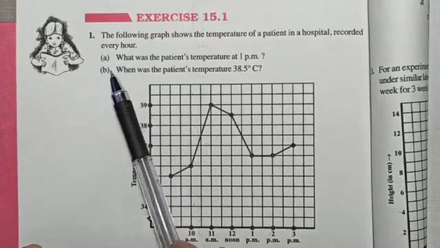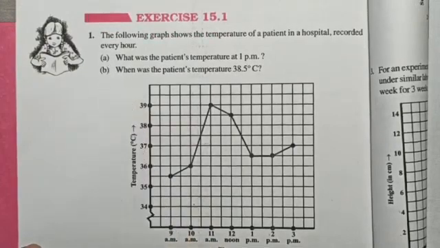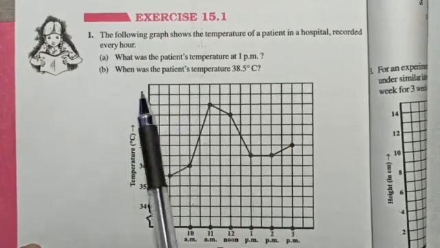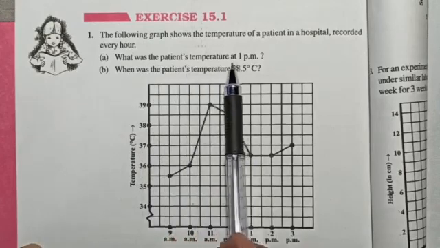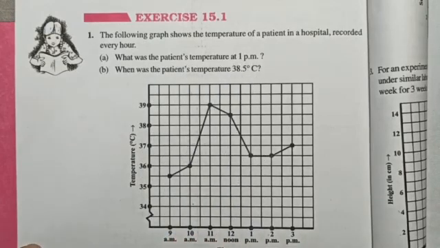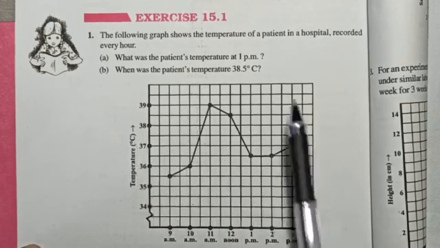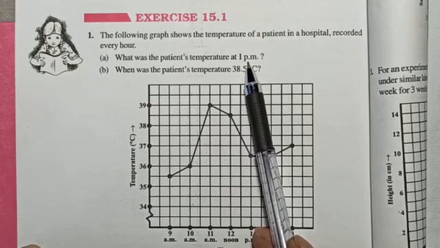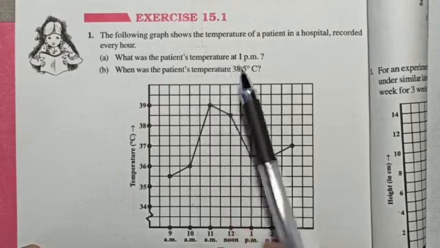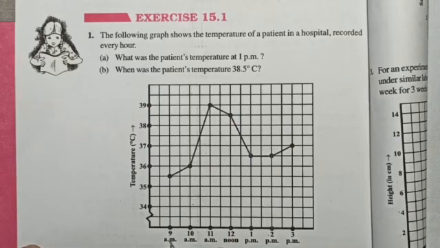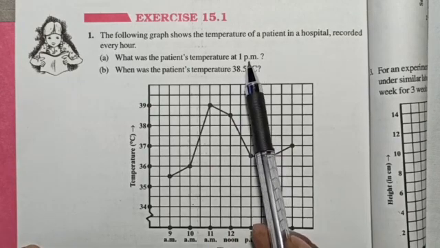So in question A, we have to find out the patient's temperature at 1 p.m. Here is time, here is temperature in degrees Celsius. So here 9 a.m., 10 a.m., 11 a.m., 12 noon, 1 p.m. is here.